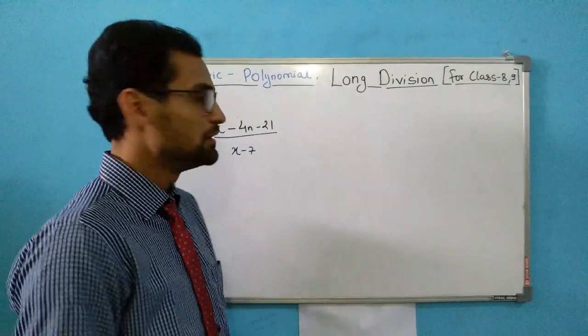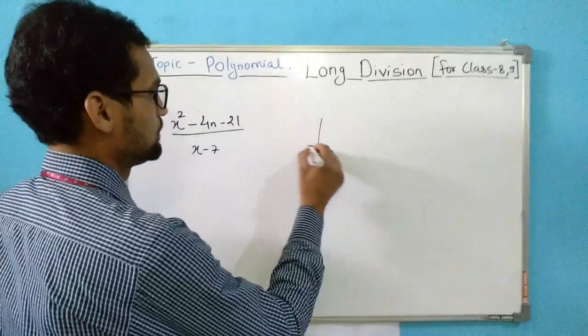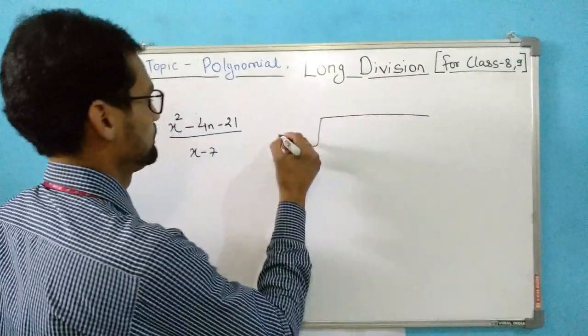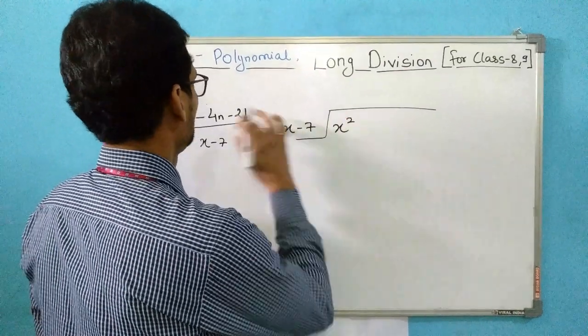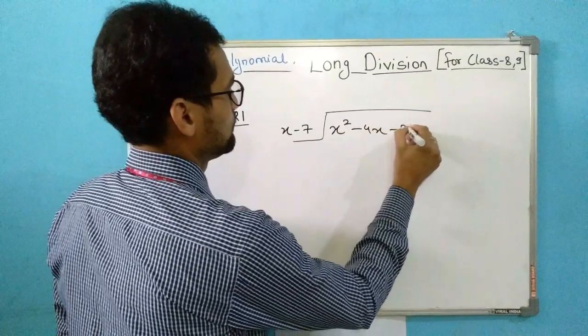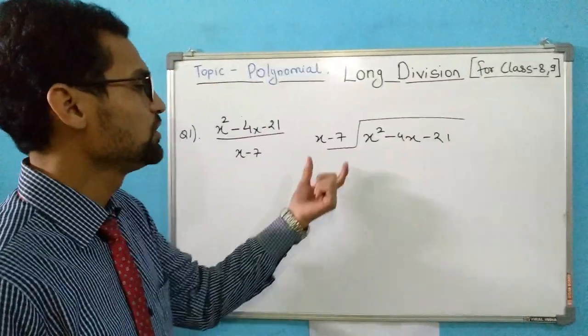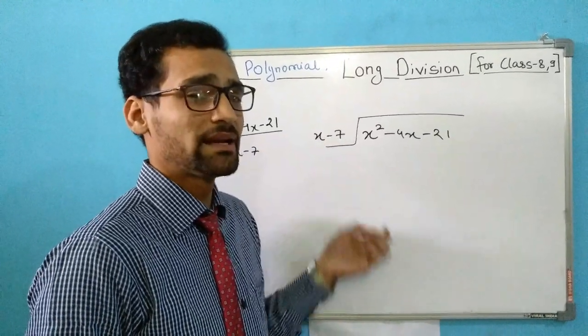So now we will solve this example with long division. So we have to divide x square minus 4x minus 21 by x minus 7.